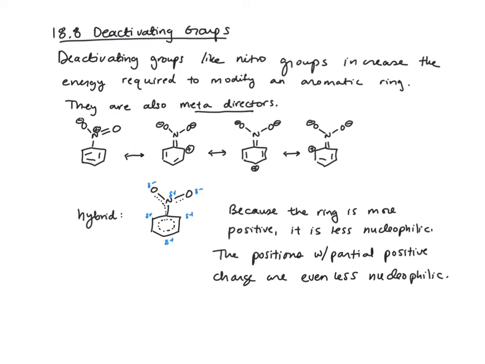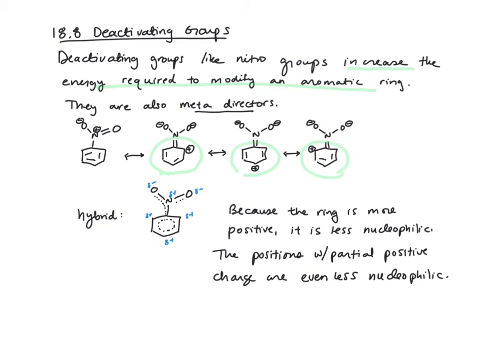We also have deactivating groups, such as the nitro group, and these increase the energy required to modify an aromatic ring because they take electron density away from that ring. We want electron density in the aromatic ring for it to serve as a nucleophile, but in every resonance structure that we draw for nitrobenzene, we have a positive charge in that benzene ring.